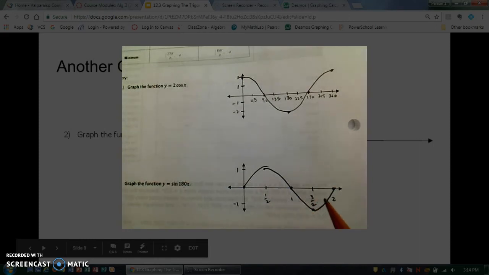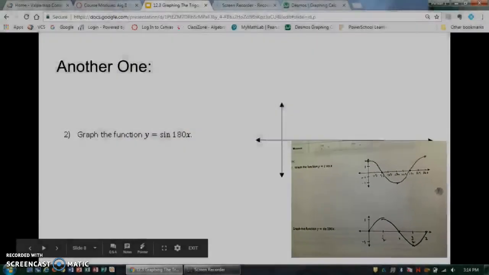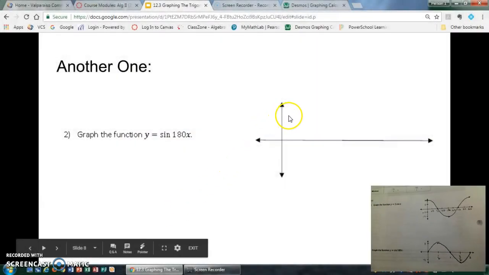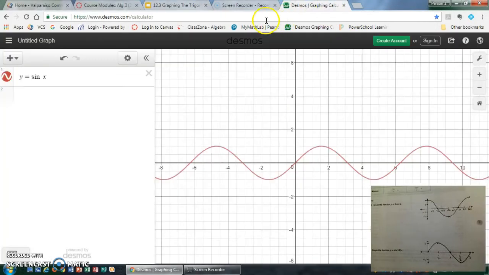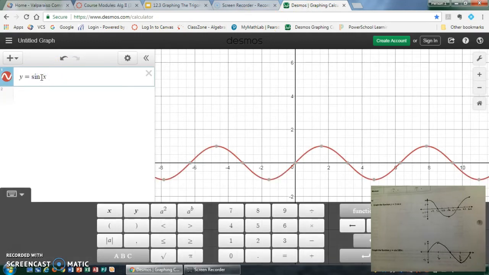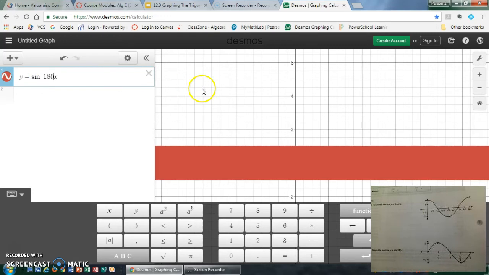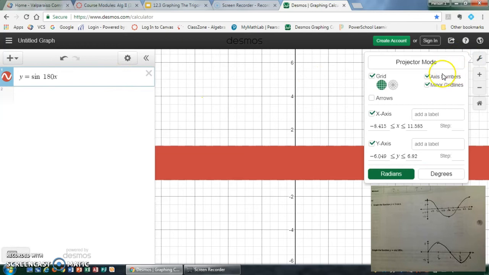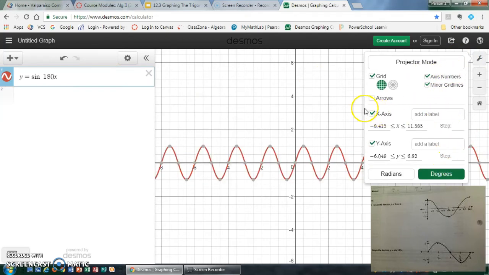If we were to take this to Desmos and take a look at it, let's do a couple things here. So y equals the sine of 180 times x. And let's go ahead and change our graph setting from radians to degrees.